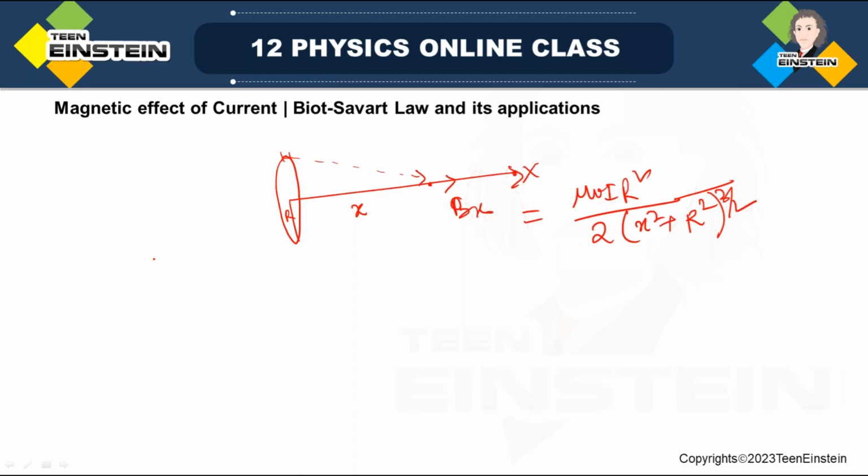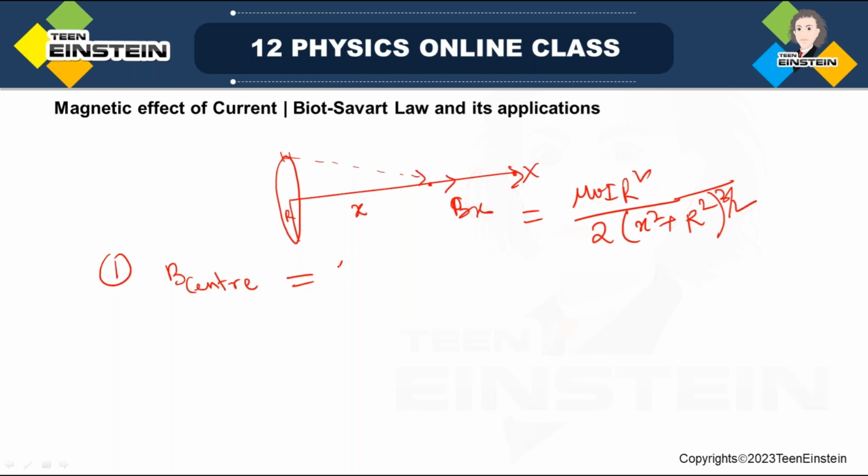So what will be the magnetic field at the center, and where will it be maximum? Those things we can find out. At the center, this x distance will be 0.